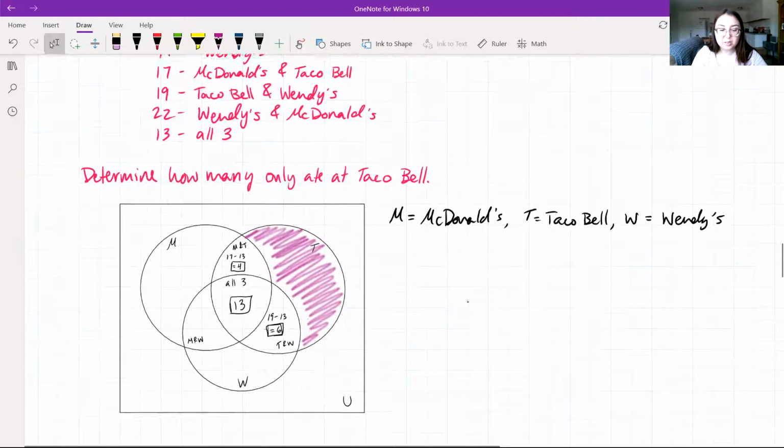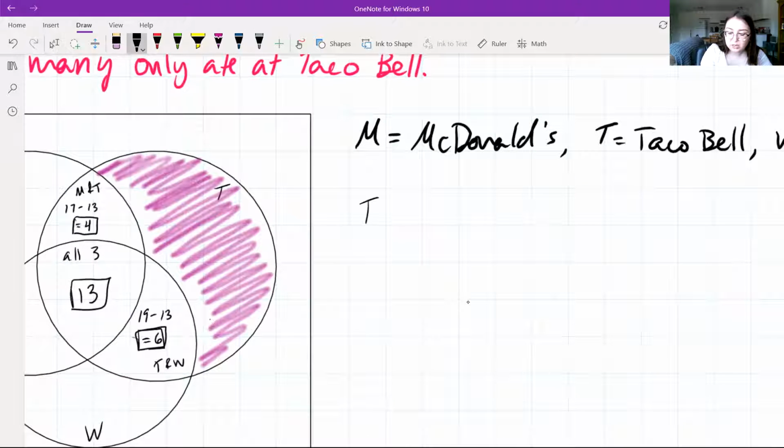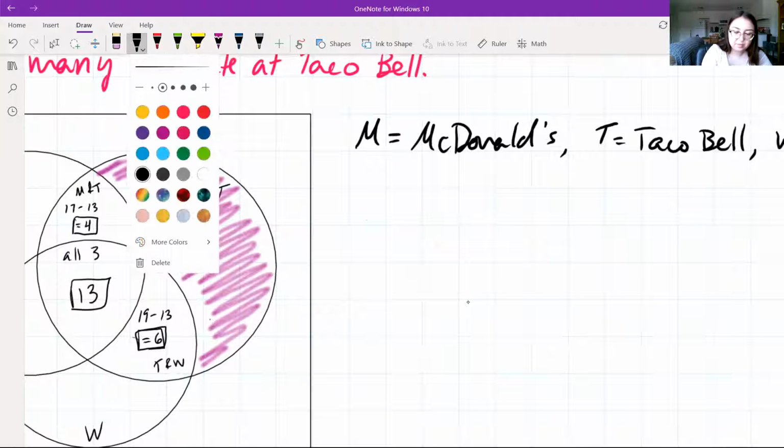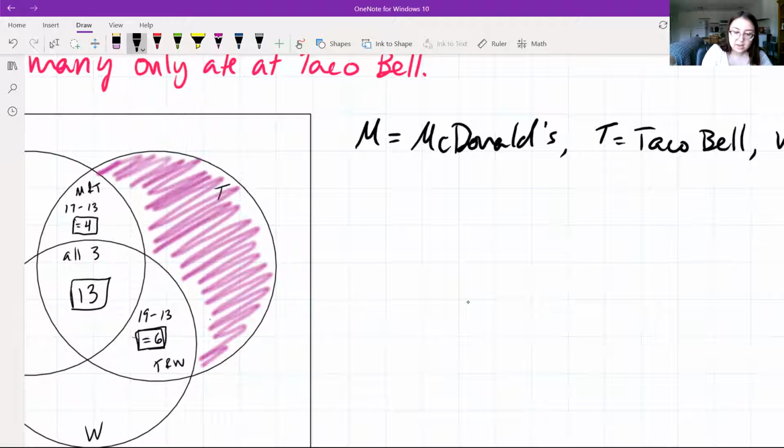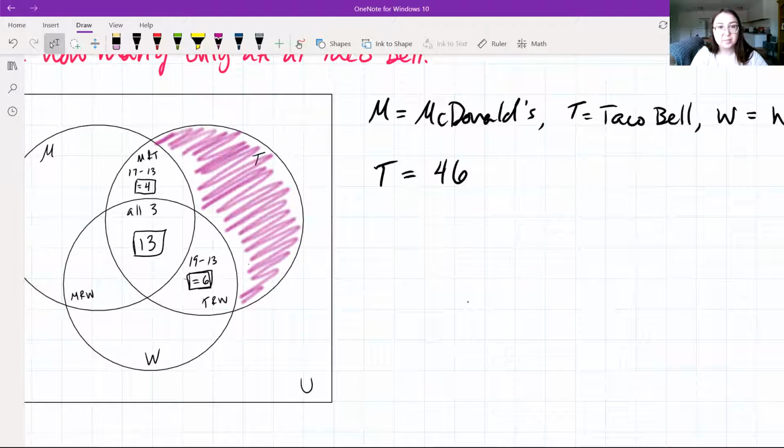So to determine who ate at Taco Bell, we know 46 people had eaten Taco Bell. Now, out of 46, 13 of them ate at all 3, 4 of them also ate at McDonald's, and 6 of them also ate at Wendy's.